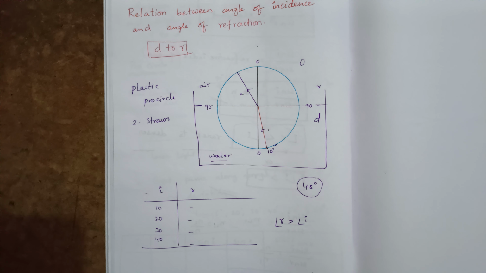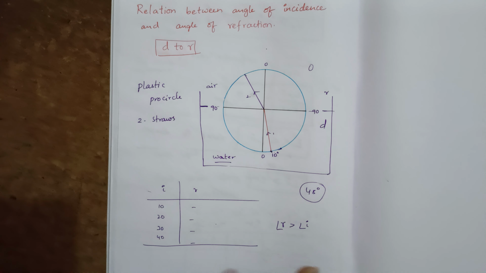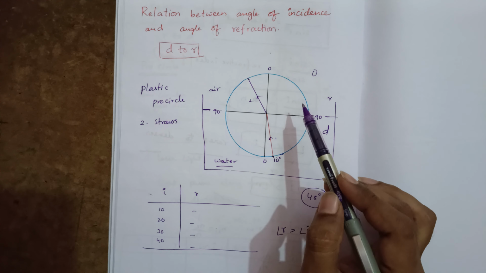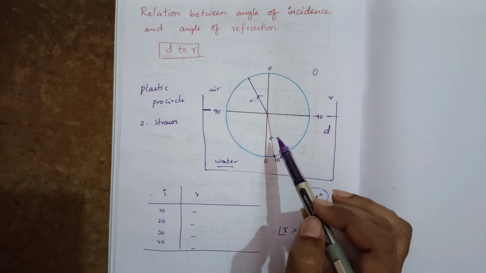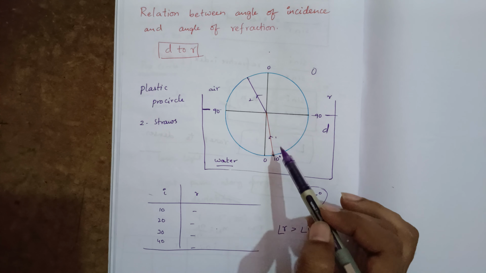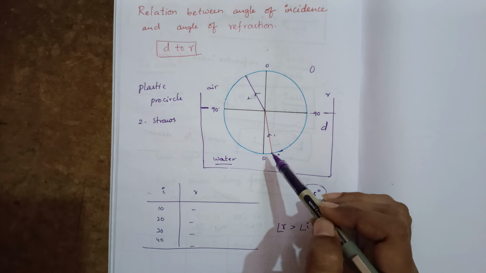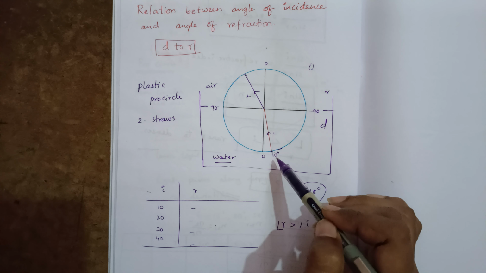Now I'll tell you the procedure once again, so you can write it in the exam. First we take a plastic protractor circle, which consists of angles. We take two straws, one arranged below the horizontal line and another above it. The straw below the horizontal line should be at 10 degrees.